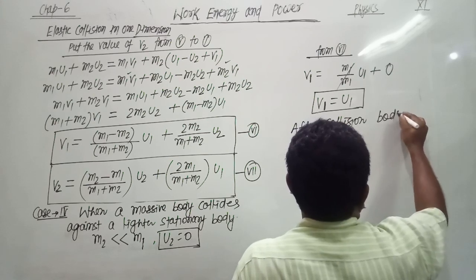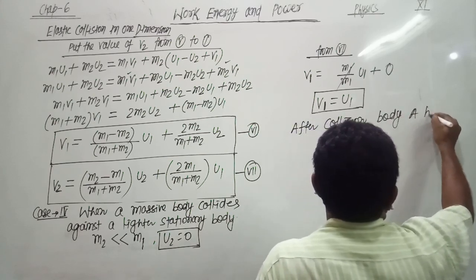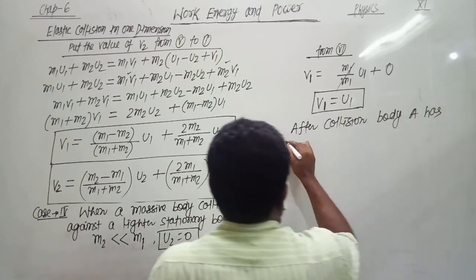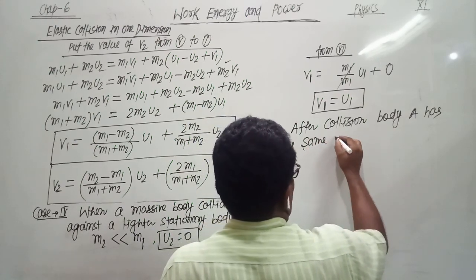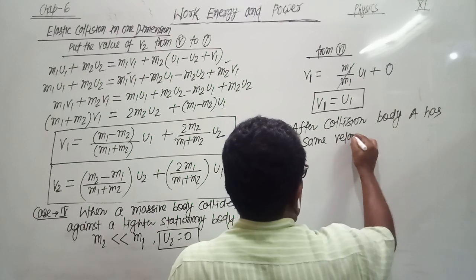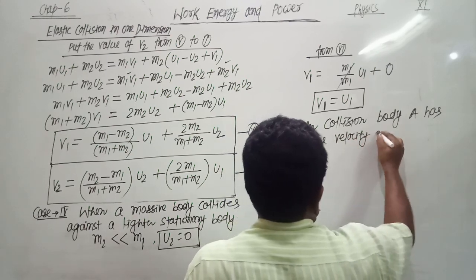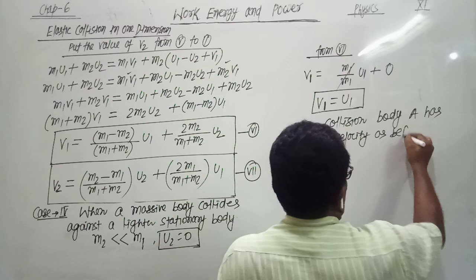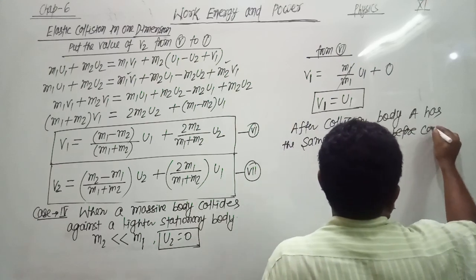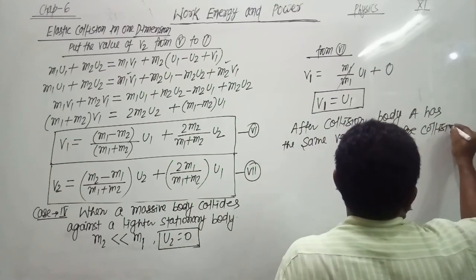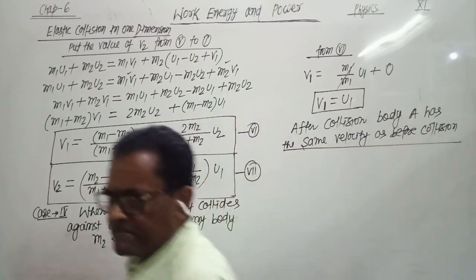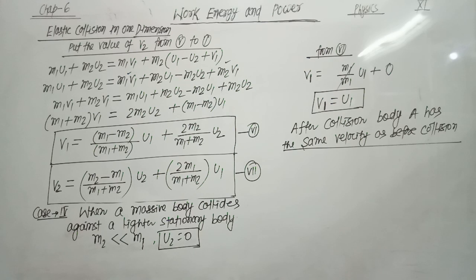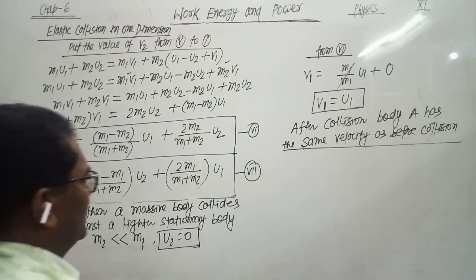the body A has the same velocity as before collision, means the velocity of body A gets unaffected.